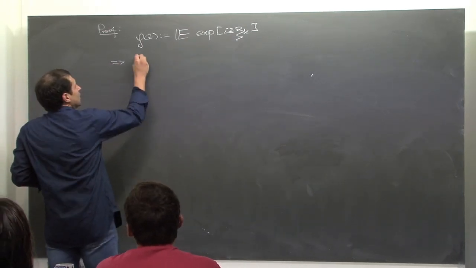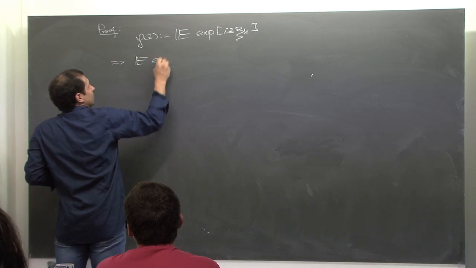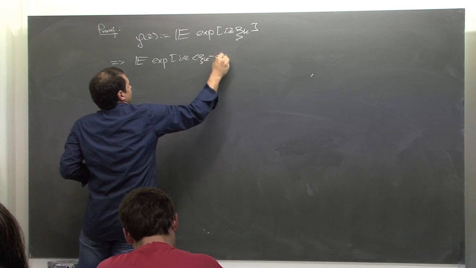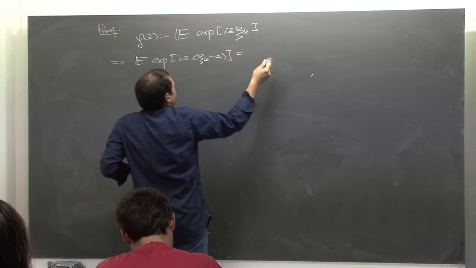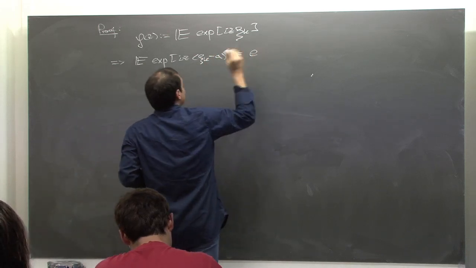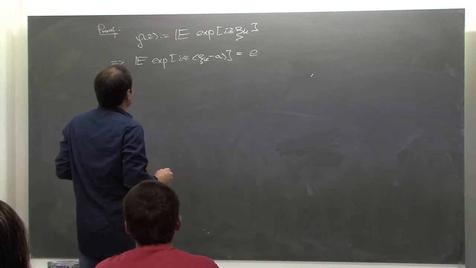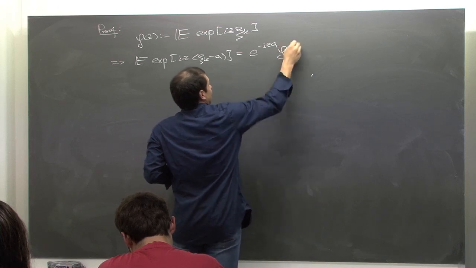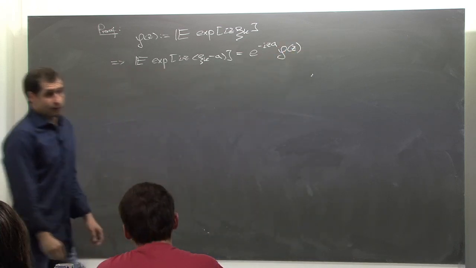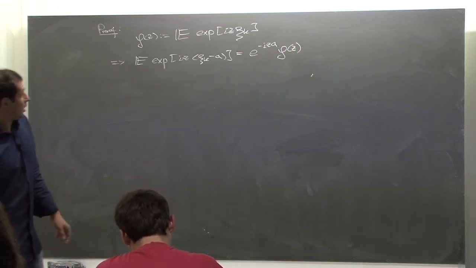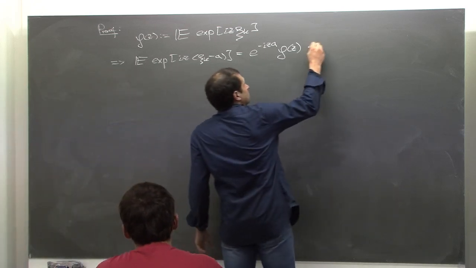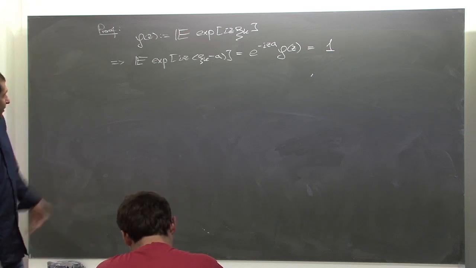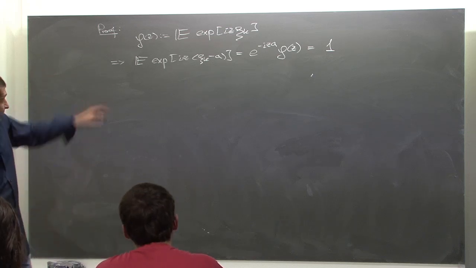Then the characteristic function of this guy is, of course, nothing but this. And then we know that we can write down the local behavior near the origin.